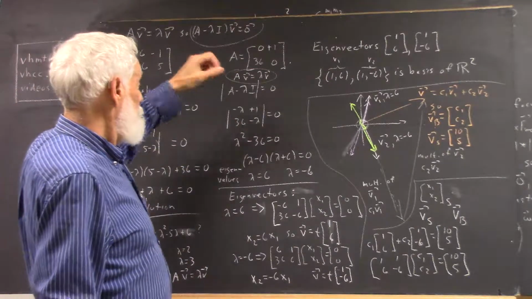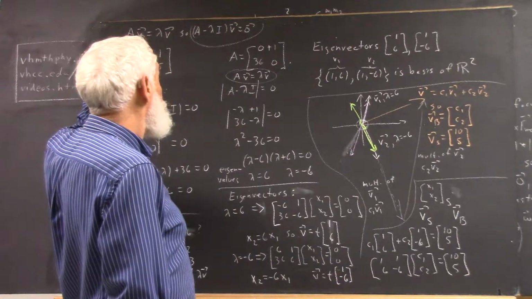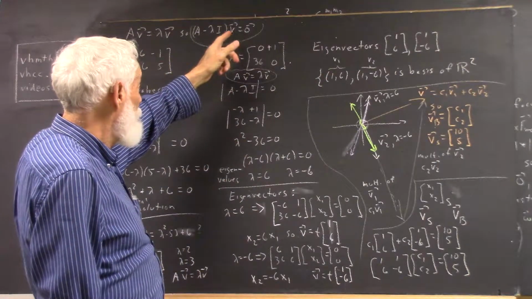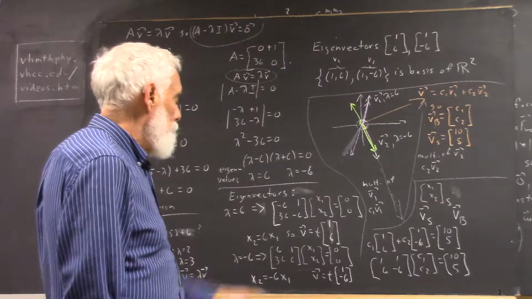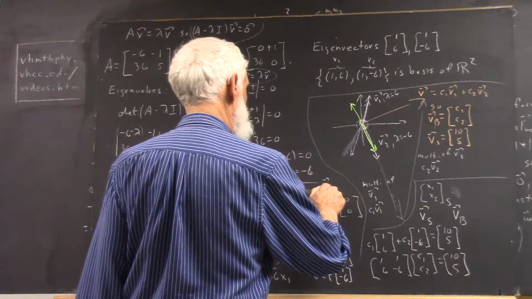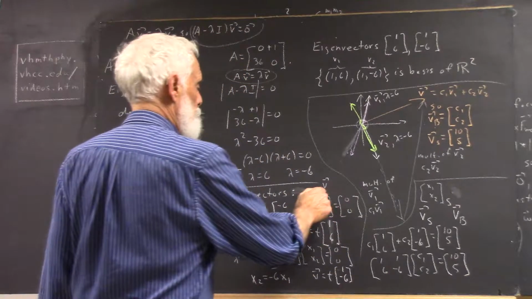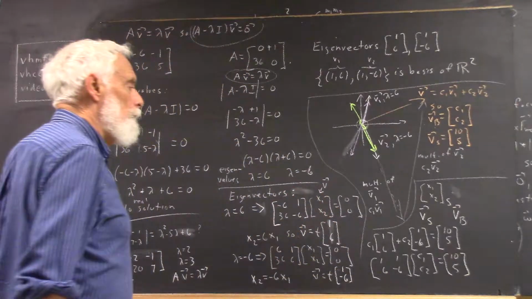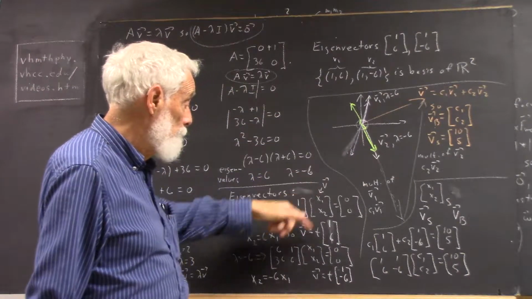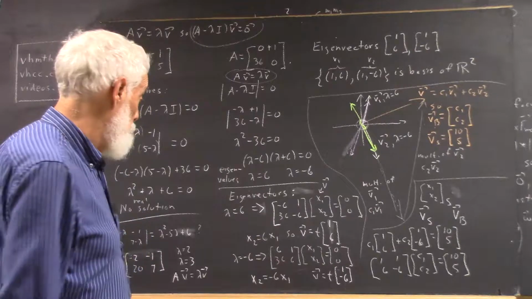So our equation, A minus lambda I times v equals 0. If v is the vector, choose to write our unknown vector v as the column vector x1, x2, okay?